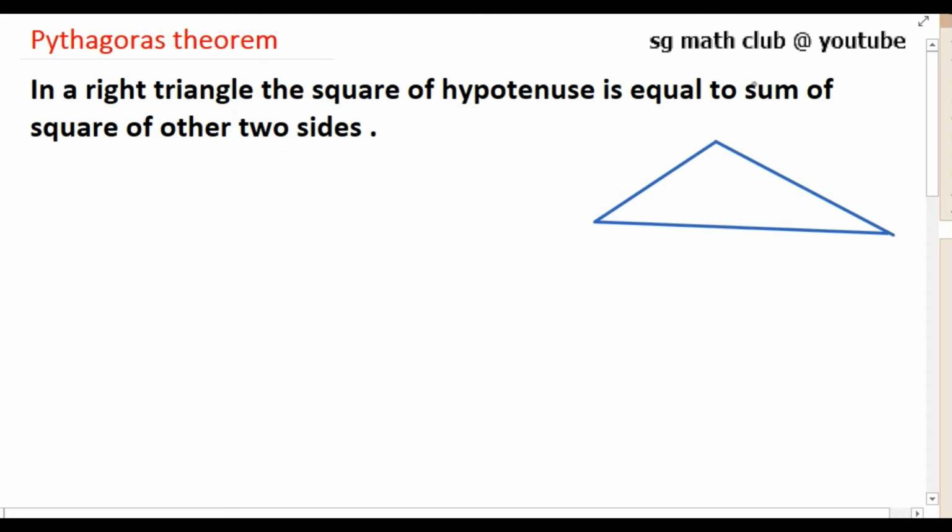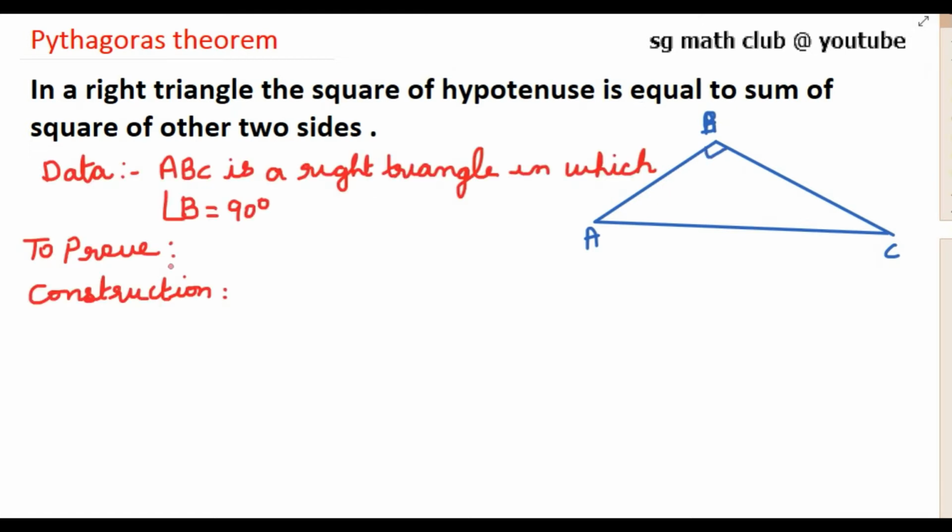For that we need a right angle triangle. So let ABC be our right angle triangle, right angled at B. So ABC is a right triangle in which angle B is 90 degree.